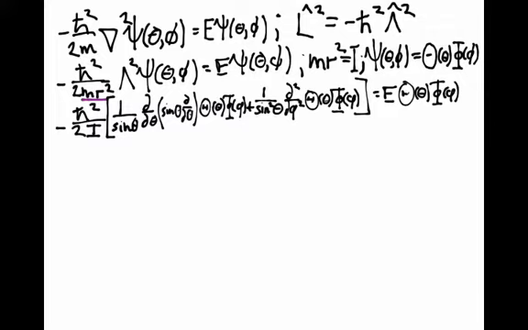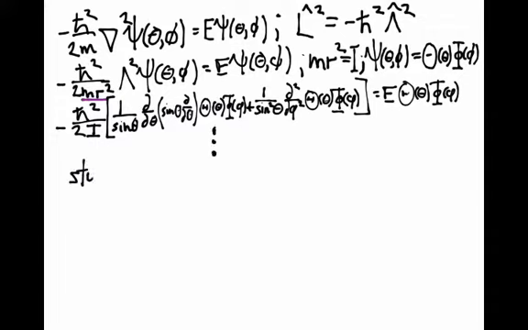It's a big long expression, but all it is is a curviness, a curvature operator, munching on a wave function equals the total energy times the wave function. It's our Schrodinger equation. It's just that spherical coordinates get a little bit snarky.